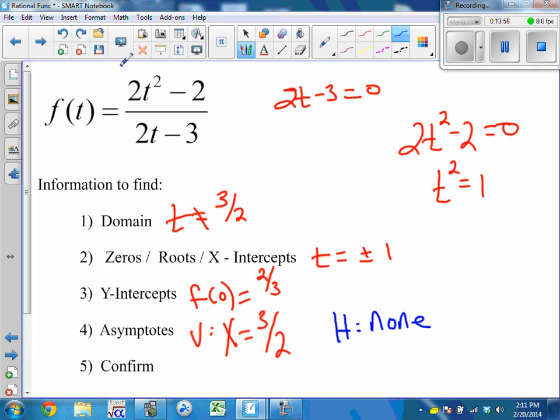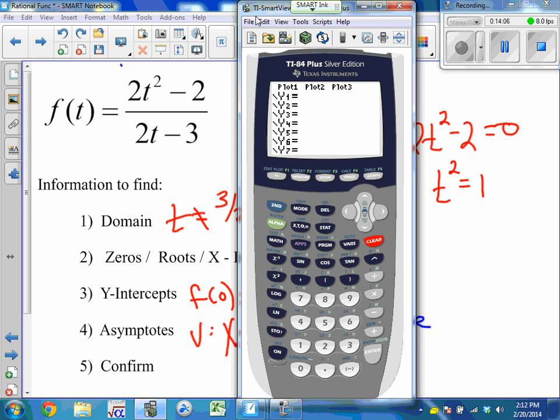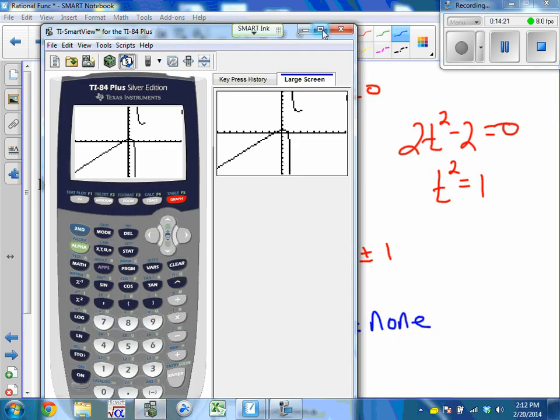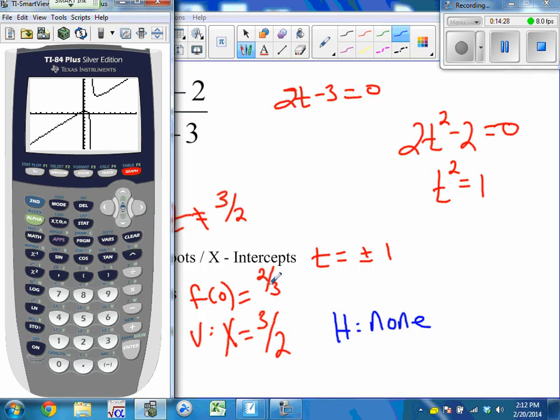So we were able to find where these vertical asymptotes were without having to rely on the graph. Because if we look at the graph, 2x squared minus 2 over 2x minus 3, you can see we have this slant asymptote, but you can see here is my 2/3, here is my plus or minus 1.